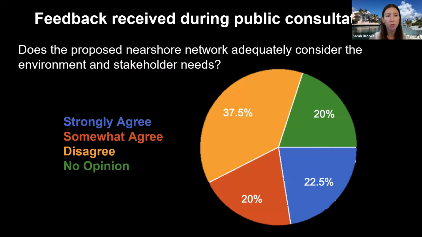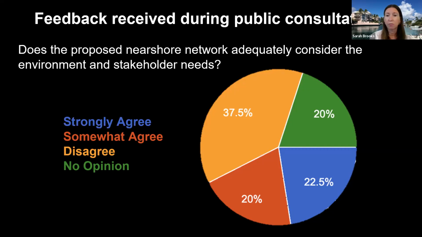Okay, so most of you are probably aware of the public consultations that were held at the end of last year. During these consultations, we asked stakeholders what they thought of the Blue Prosperity Plan. This chart on the screen shows a breakdown of opinions from people who took our forum survey about whether they thought the proposed protection in the nearshore area adequately considers the environment and stakeholder needs.